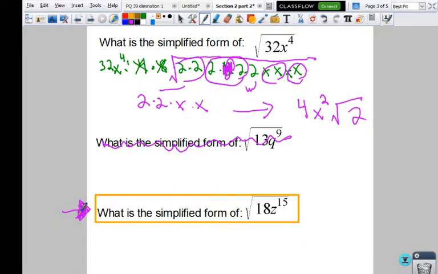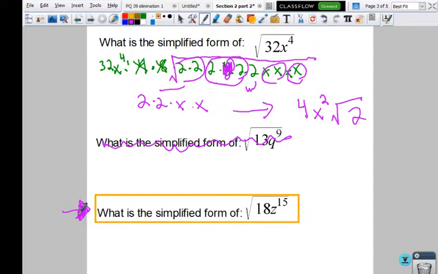I don't want to put 15. I don't want to put 15 Z's. Well, maybe you can figure out a shortcut. Maybe you can figure out a shortcut with those exponents.